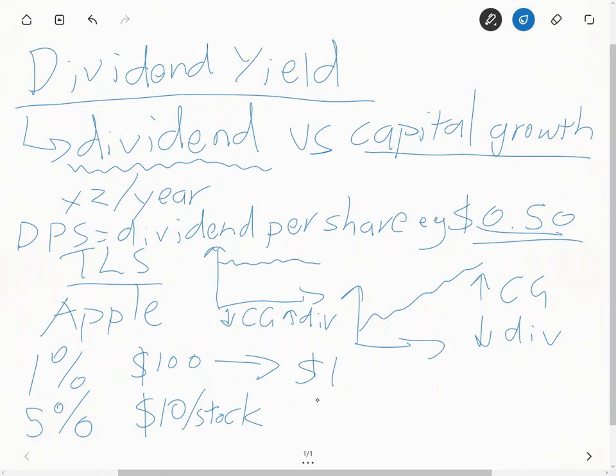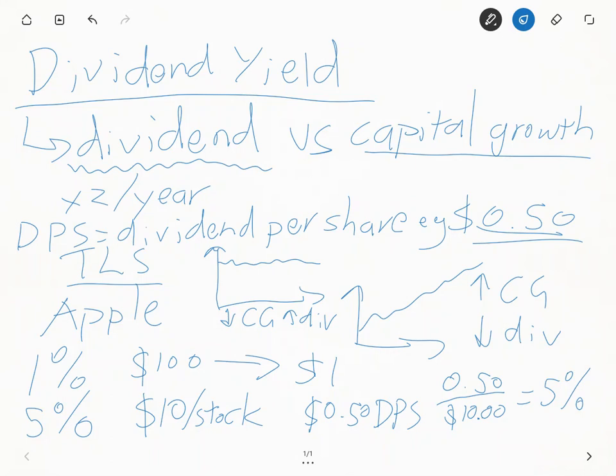Now, if they pay 50 cents in dividends, and that's for the whole year, so for argument's sake, they pay 20 cents in one dividend and then 30 cents in another dividend in the same year, that's 50 cents a year dividend per share. Then the dividend yield would be 50 cents over $10, which gives you a dividend yield of 5%.